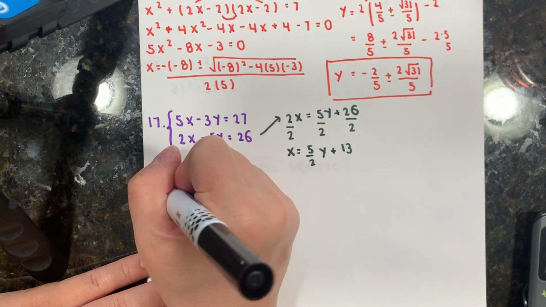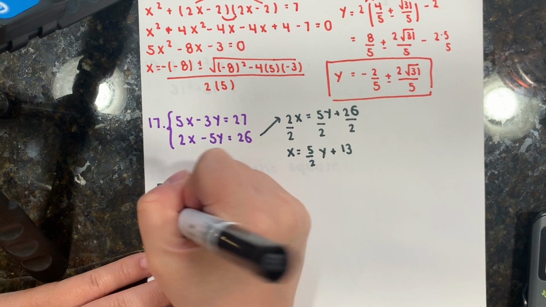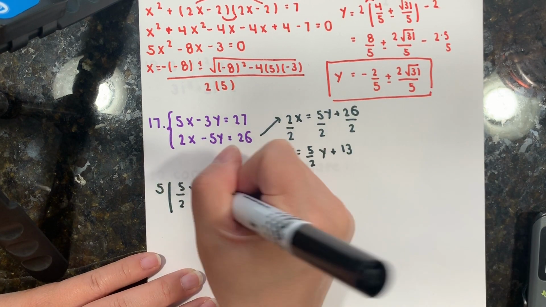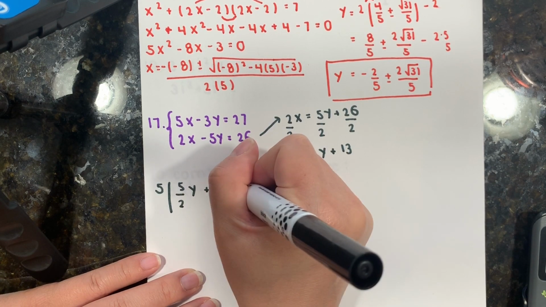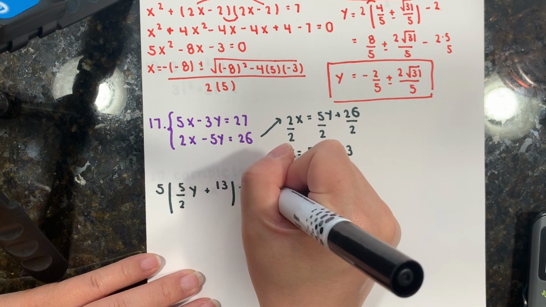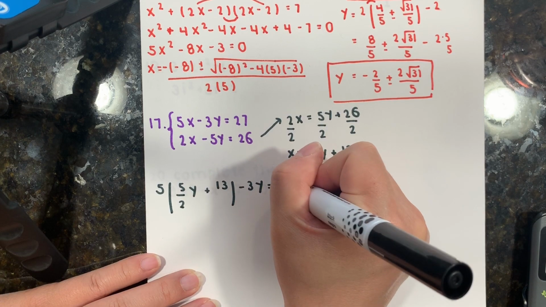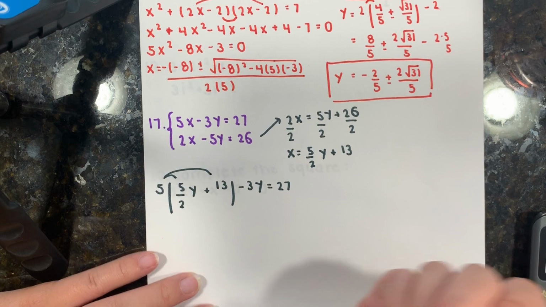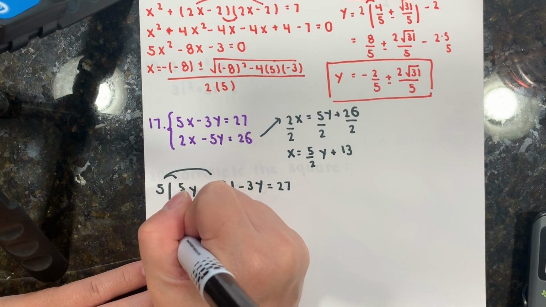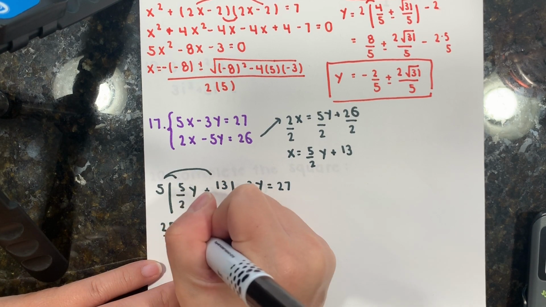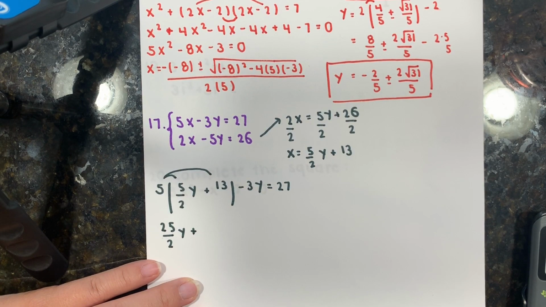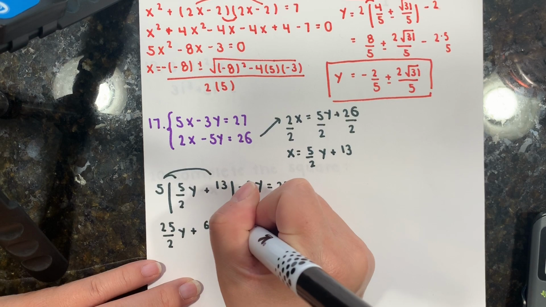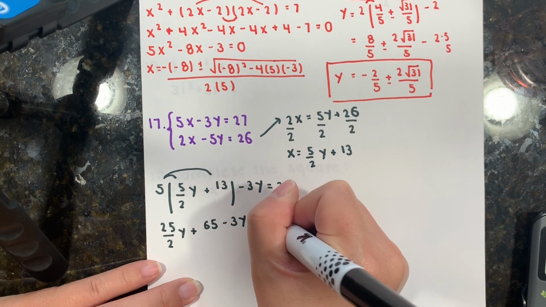So that would be 5 times (5 over 2 y plus 13) minus 3y equals 27. Now after distribution of the 5, you would get 25 over 2 y plus 13 times 5, which is 65, minus 3y equals 27.